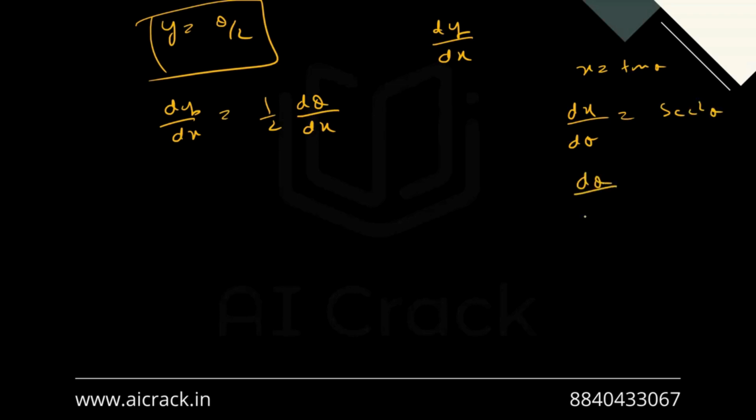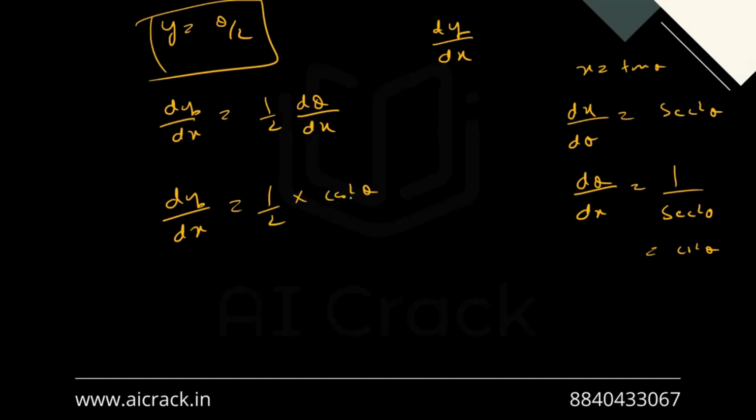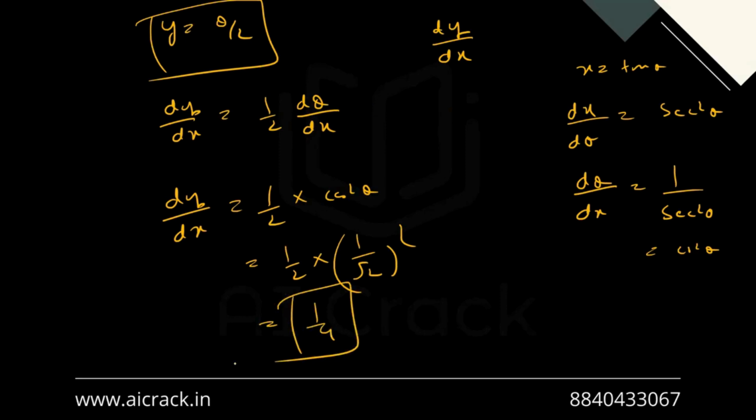So d theta by dx is 1 upon sec square theta, or you can say cos square theta. Okay. So dy by dx equals 1 by 2 times d theta by dx, that is cos square theta. Now theta is pi by 4 over here. So 1 by 2 into that would be 1 by root 2 whole square. So 1 by 4 is the answer.